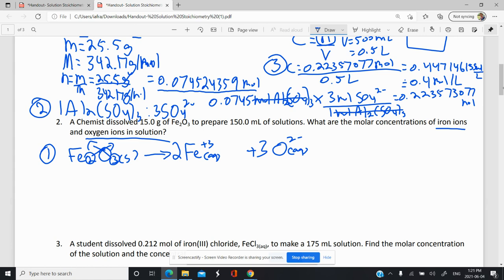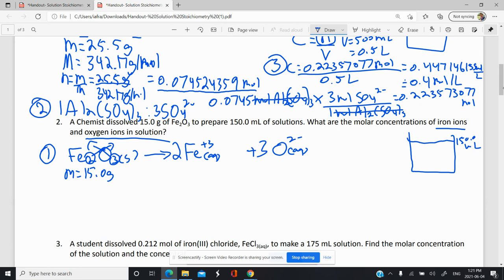So let's write down the information that we have. We have our mass of this is 15.0 grams. And we have our volumes provided to us. So we have a beaker again, and we threw that into our beaker, so our entire volume is about 150.0 mL. Okay, so all the ions are dissolved within this volume.